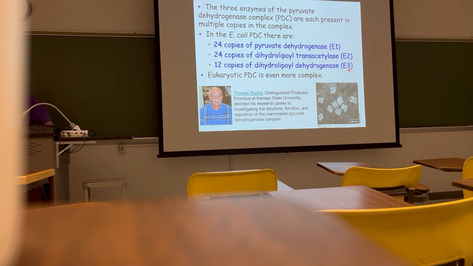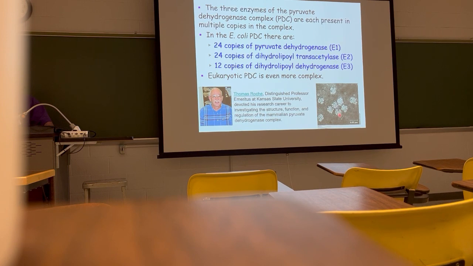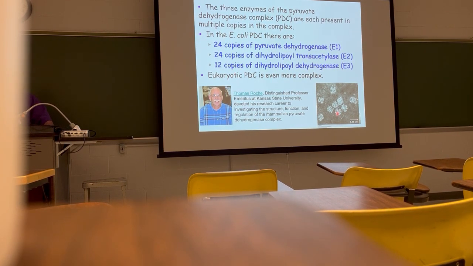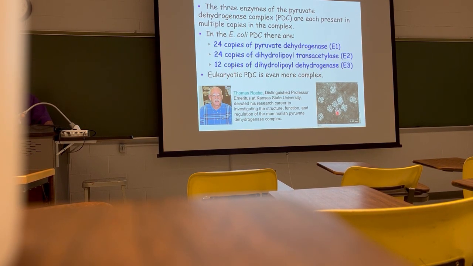So it's a huge complex, and we can even see it with an electron microscope. So these particles are multiple proteins assembled into a complex for carrying out this reaction, removing 1 CO2 from pyruvate to make acetyl-CoA.